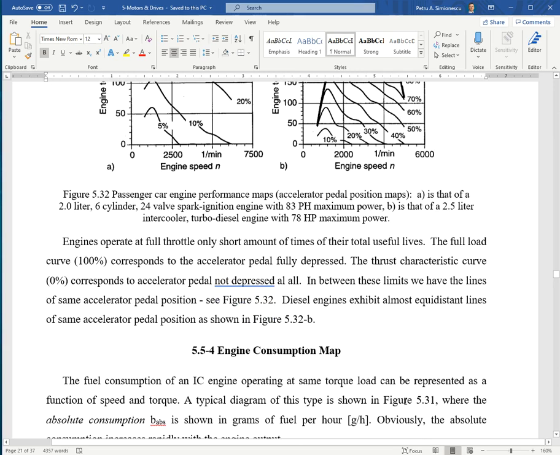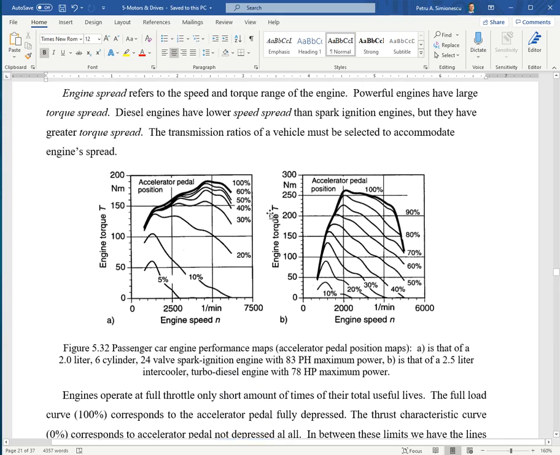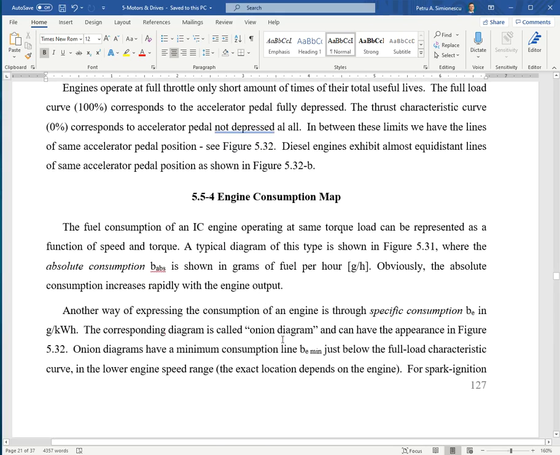All right, consumption map. I hinted already, but this is for efficient use of engines. You want to be aware of these consumption maps, and consumption could be absolute consumption in grams of fuel per hour, and then we have specific consumption, that is grams per kilowatt hour.